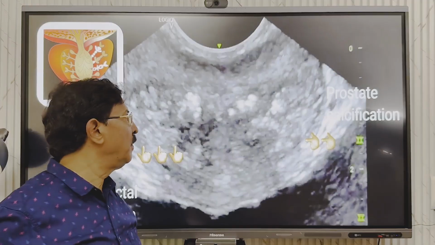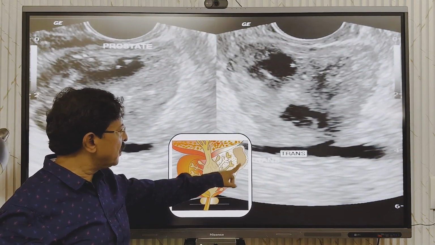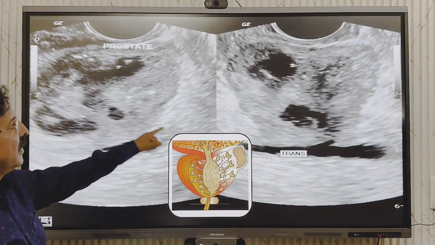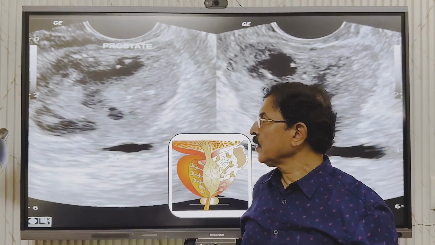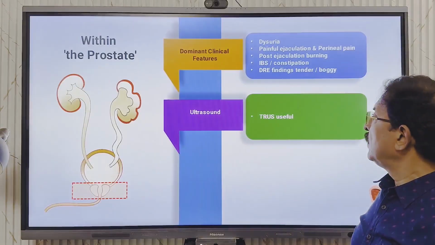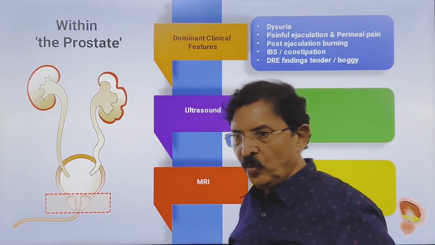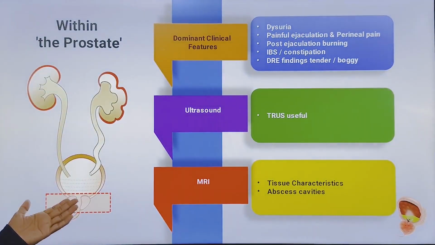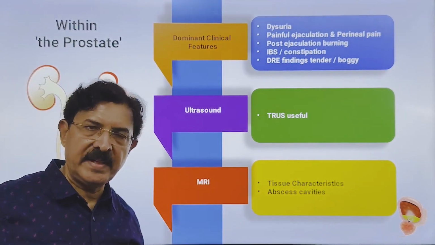All that is possible by TRUS, and TRUS can also show you the occurrence of abscess when the disease gets more advanced, and you can see these hypoechoic collections, in one place, two places, multiple places. So ultrasound TRUS is a useful test, but if you want more documentation, you can do this by MRI, which will show you tissue characteristics as well as abscess cavities.